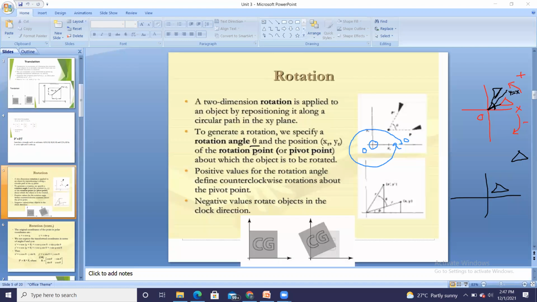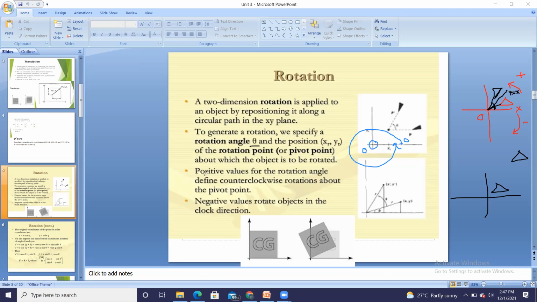So that is called as rotation point or pivot point. And the position is represented as XR YR. So we are going to see this in detail, how the derivation is carried out for this rotation, 2D rotation. But for time being, you remember, for carrying out rotation, you need to get the angle theta, and you should know the original coordinates of the object.